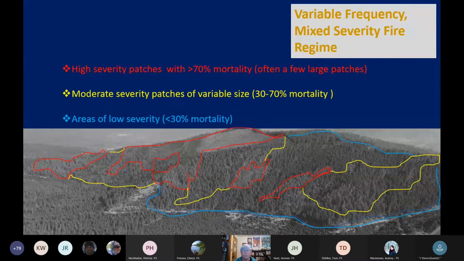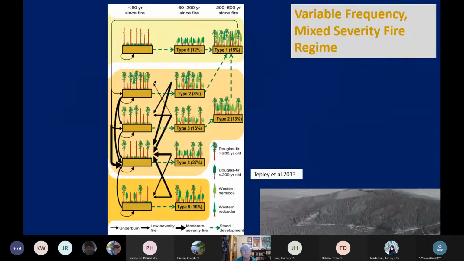So imagine 2, 3, or more fires have moved through this landscape over time with slightly different proportions of severities in slightly different distributions and patch sizes. So imagine how complex the landscape might look.